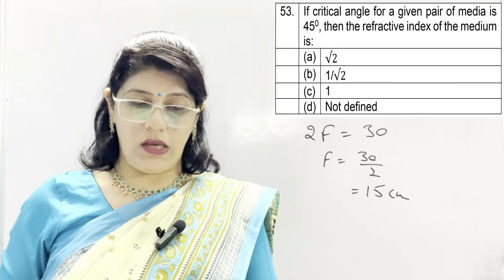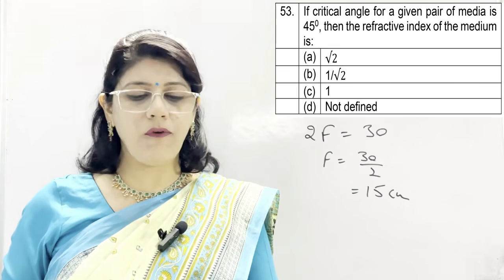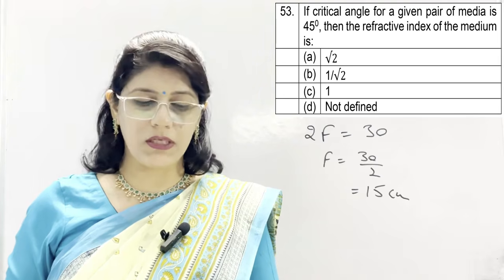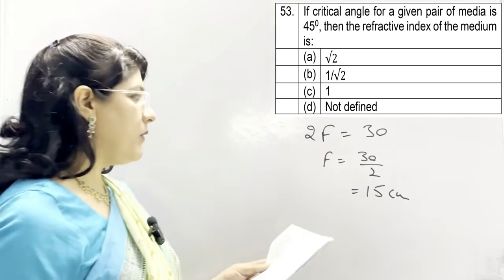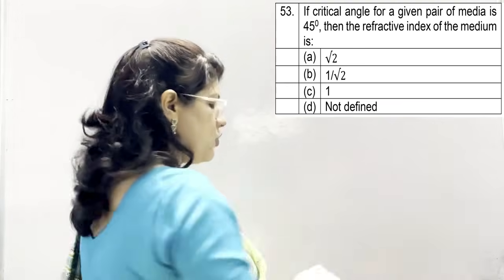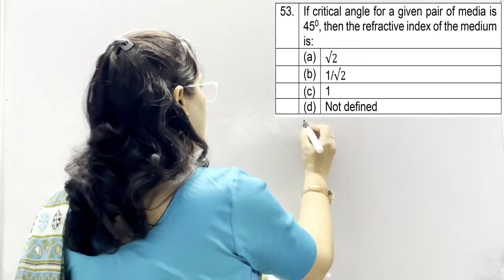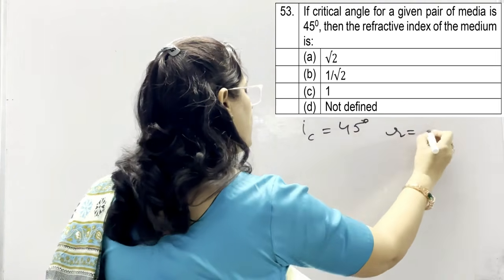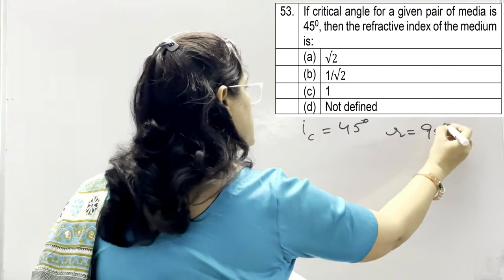Question number 53. If critical angle for a given pair of media is 45 degree, then the refractive index of the medium is. Here we know the definition of critical angle. If angle of incidence is 45 degree, then angle of refraction is 90 degree.